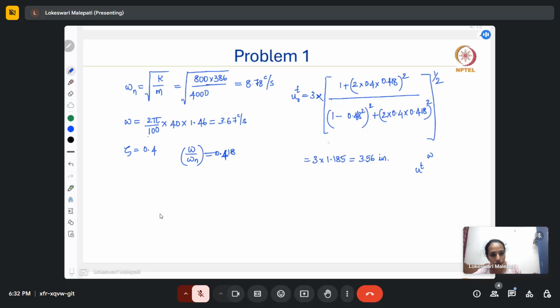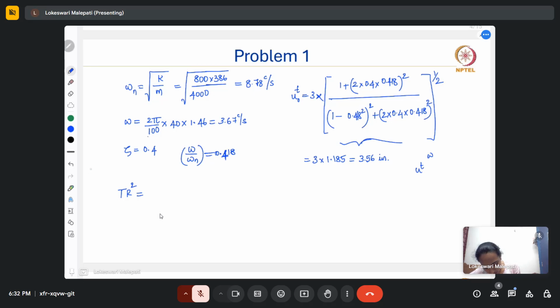So the amplitude would be maximum when this ratio term is maximum, right? So this transmissibility ratio must be maximum, or else we can also say that when the square of this term is maximum, at the same frequency ratio TR also will be maximum. And we can also substitute for omega by omega n just for simplicity.